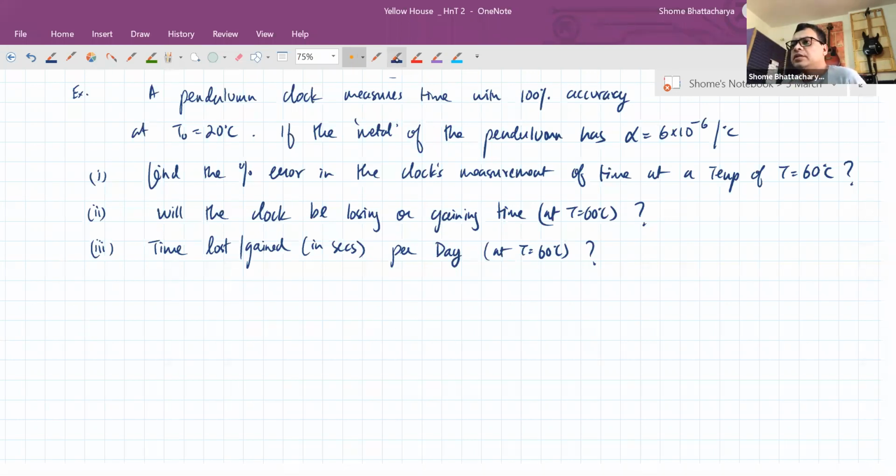So what we'll see is that the percentage error in the measurement of time will be, now since delta L by L is going to be this much, 6 into 10 raised to minus 6 into temperature change of 40.